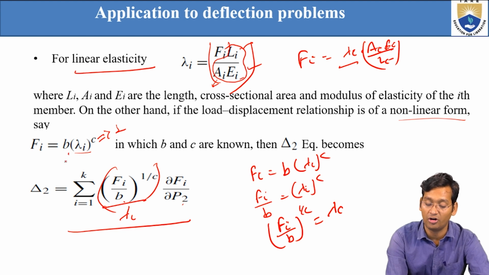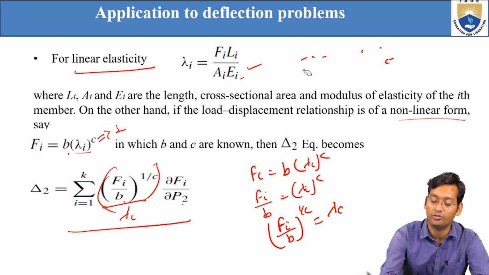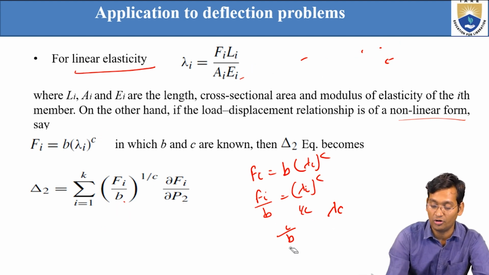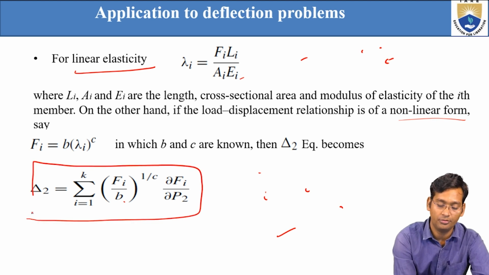But if it is not linear, then we cannot use this lambda formula, because earlier in mechanics of solids you had seen this is for linear elastic material only, not for non-linear. For non-linear we have to use this formula for delta 2.